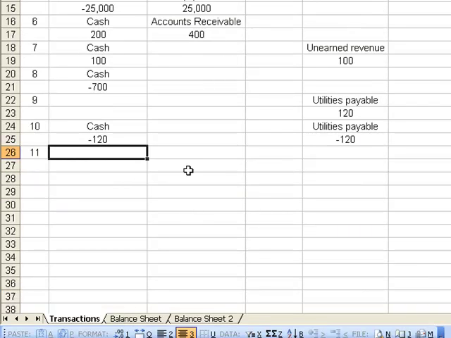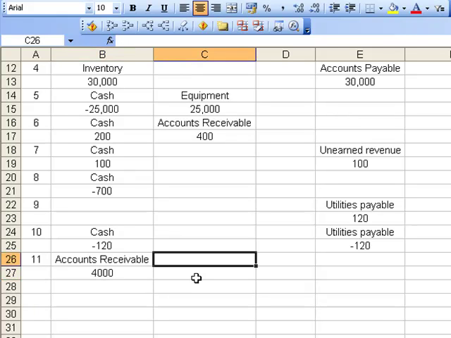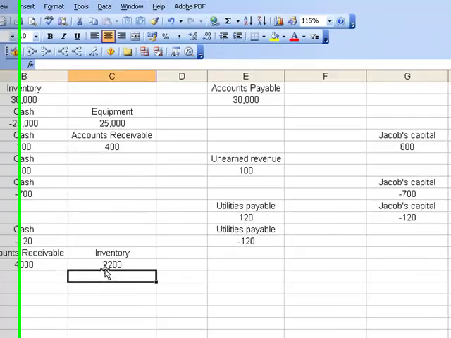As it was made on credit, we have accounts receivable increased by 4,000, and there was also a decrease in inventory by the amount of 2,200.